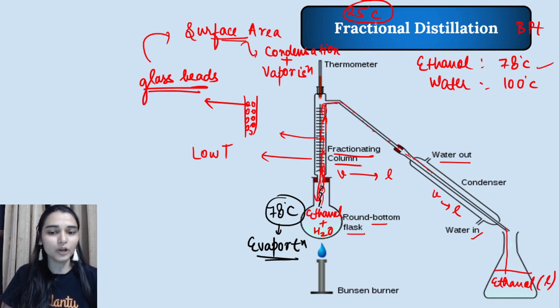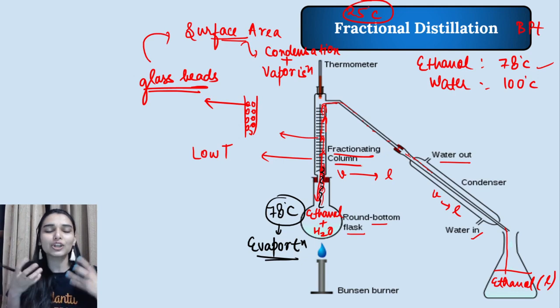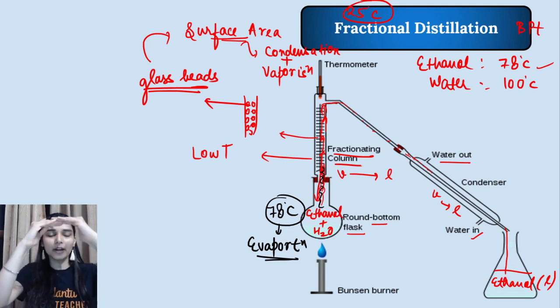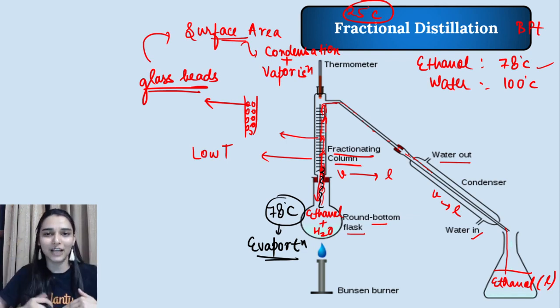So during the process, water is also trying to pass the fractionating column, but the fractionating column will not let water cross. Water is also heavy. So again and again water vapors go, they will be condensed back and sent back to the flask. Again water will try and come back, because this is not the boiling point of water.